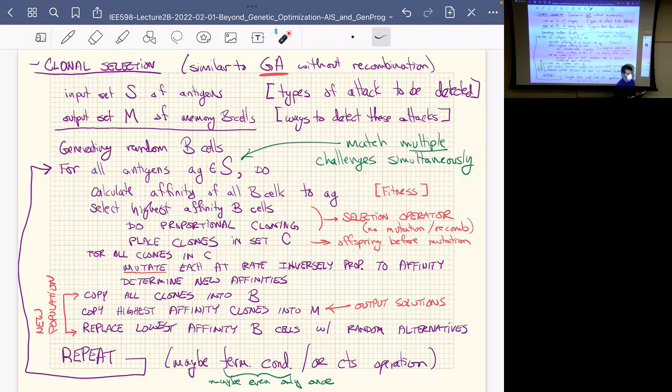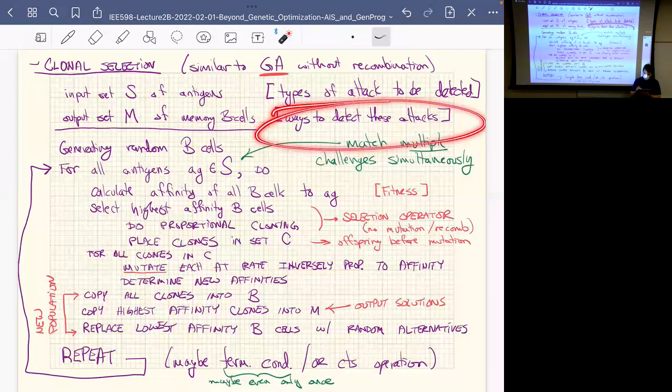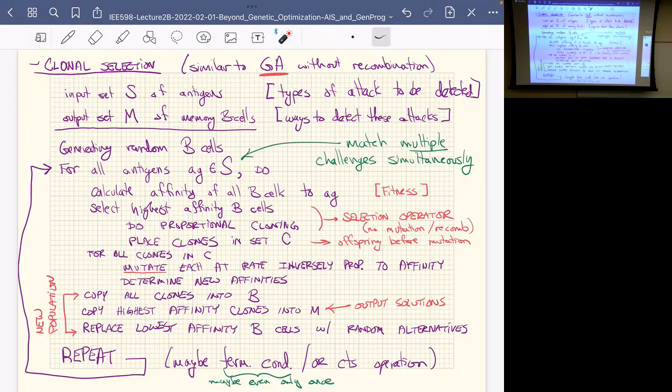If I'm being attacked, not only do I see this particular thing coming in, but I might also notice that my system's in a compromised state and I need to probe that. So it would sure be nice if these B cells were not just static entities, but programs themselves.